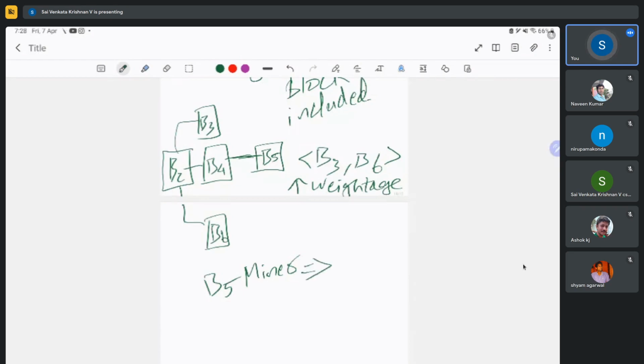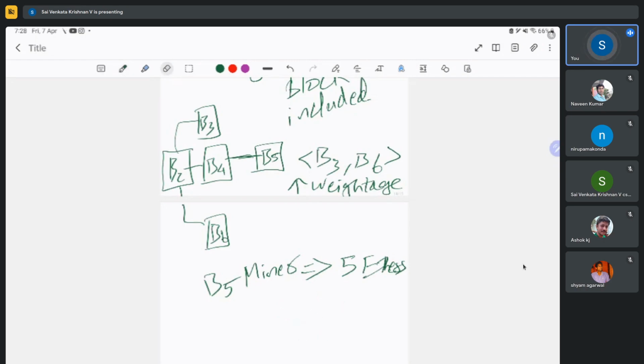how they are rewarded is that they get the full block reward for B5, say it is 5 ethers, right? And they would get, I guess, 7/16ths or something, some ratio.